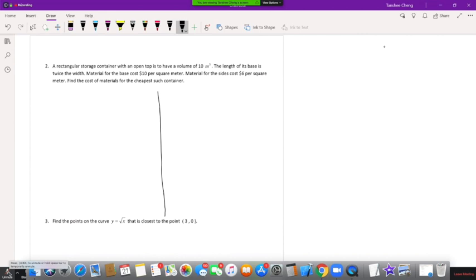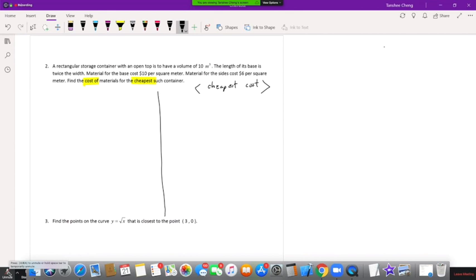It tells you that the base material costs $10 per square meter, and the side material costs $6 per square meter. And what we want is the cost of the material for the cheapest. So our objective is the cheapest cost.